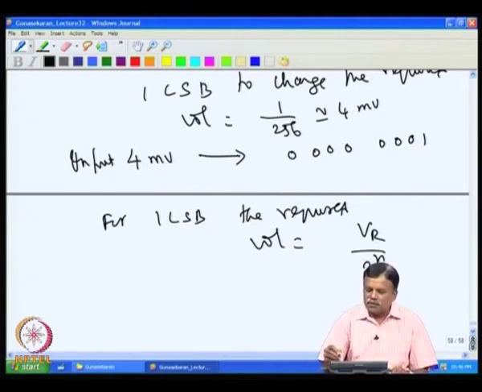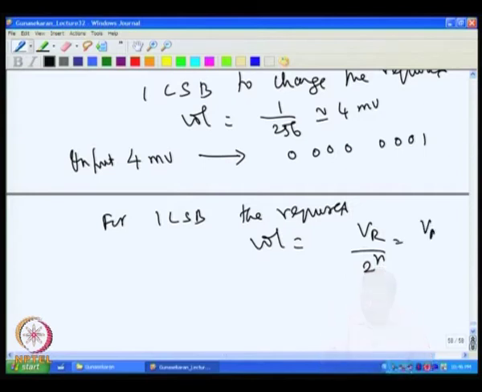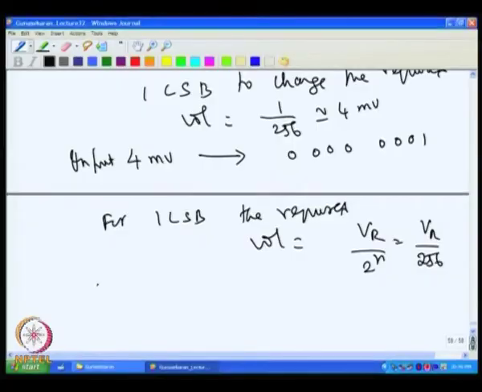If it is an 8-bit converter, then it is V reference divided by 256. So, the 1 LSB value tells us the minimum resolution that one can get using this converter.